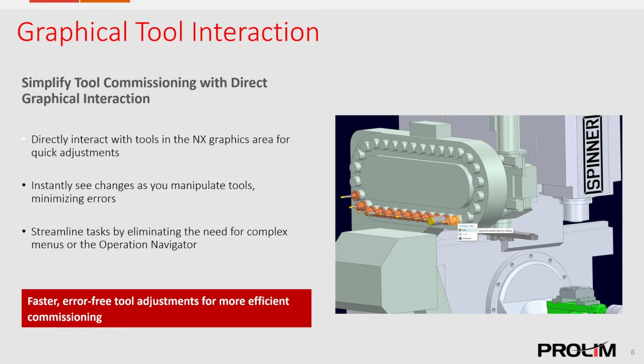Traditionally, users interact with the operation navigator or the machine setup configurator, but adjustments to the tools and devices, especially when relocating them, can be a challenging task. Finding the right tool in these interfaces often requires navigating through a cluttered list, which can be frustrating and time consuming. So, let me show you an example of that.